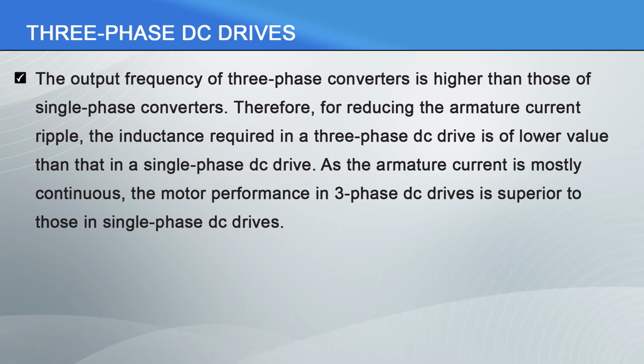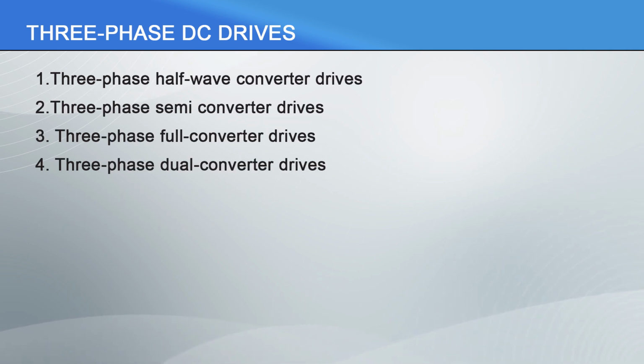As armature current is mostly continuous, the motor performance in a 3-phase DC drive is superior to that in single phase DC drives. The 3-phase DC drives may be subdivided as: 3-phase half wave converter drive, 3-phase semi converter drive, 3-phase full converter drive, and the last one is 3-phase dual converter drive.